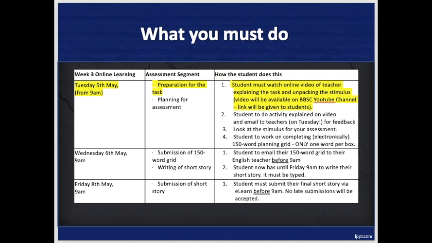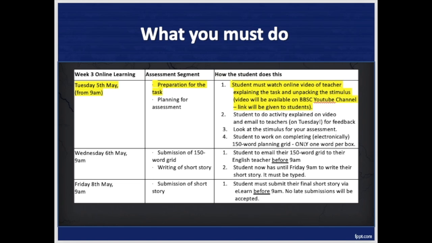What you should do afterwards is, as it says here, look at your stimulus for your assessment. By looking at that stimulus, you can choose, first and foremost, which one you want to use, but then you can also go through and start to fill out your 150-word planning grid. Now, this is to guide you. This is always used in this type of exam in Year 10.